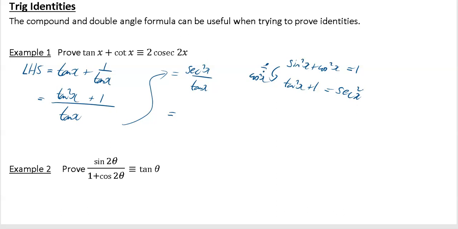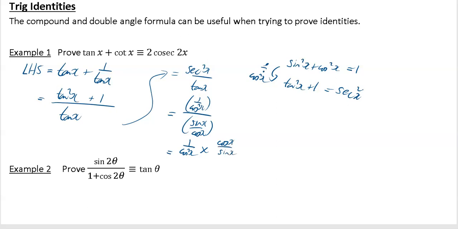So I'm going to rewrite this. This is really my sec, which is 1 over cos squared x, over my tan, which is the same as sine x over cos x, and then we'll see what we can do from this. So that is the same as 1 over cos squared x times, so when you're dividing by a fraction, change the divide sign to a times and turn the dividing fraction upside down.